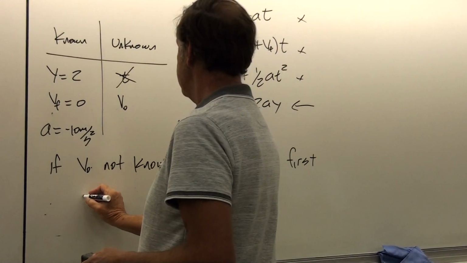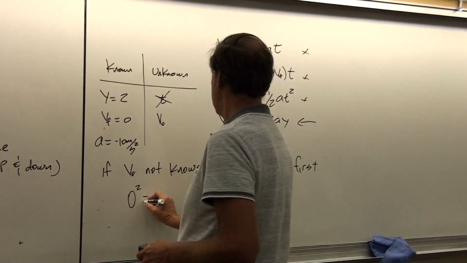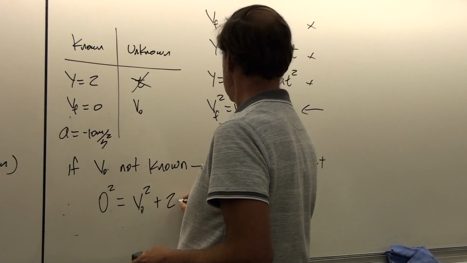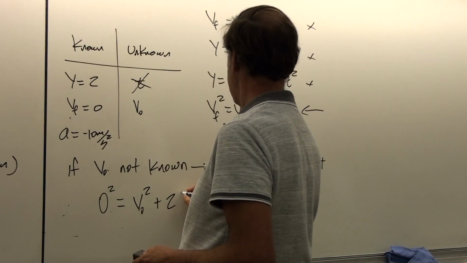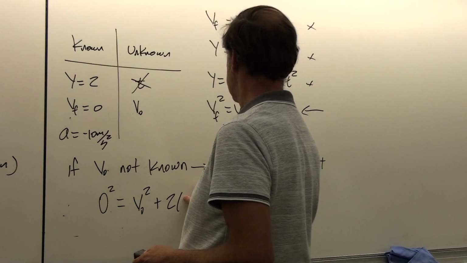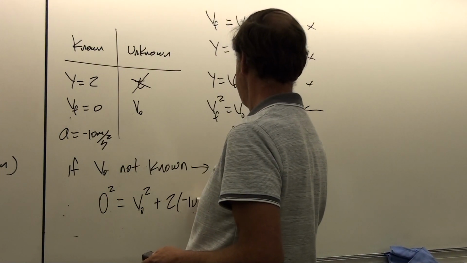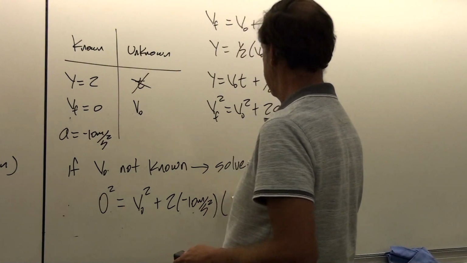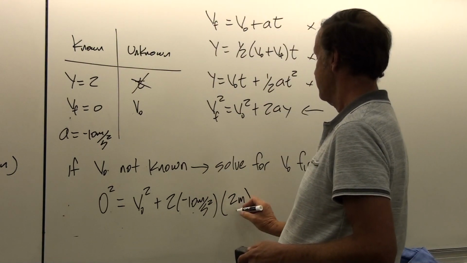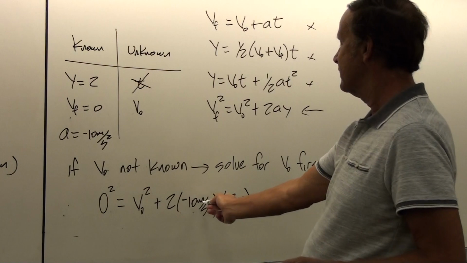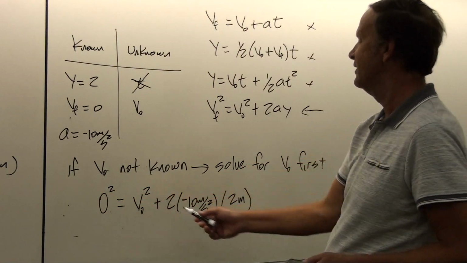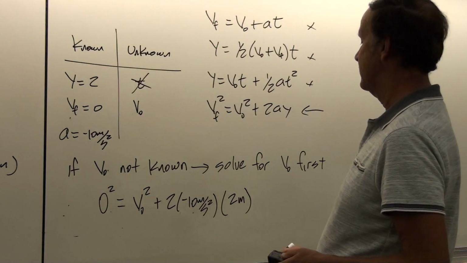So here, v final squared is 0. v initial squared is what we're solving for, plus 2 times a, which is minus 10 meters per second squared, times y, which is 2 meters. Okay, so it's okay that this is negative because it's going to go over on the other side, and that'll give us a positive value that's equal to v naught squared.